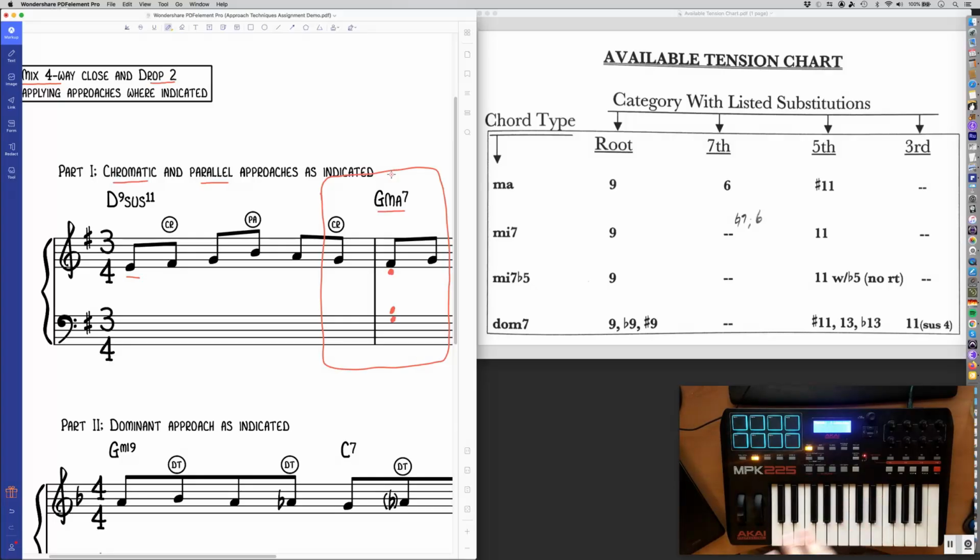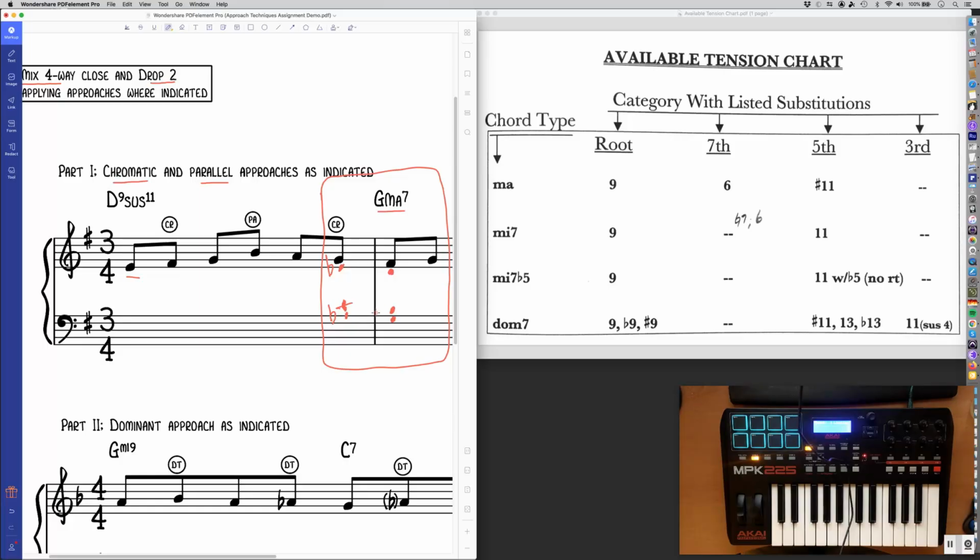So if I'm going to approach this from a chromatic step above, well, it'd be pretty natural to assume that I'd be approaching from an A flat major 7 chord, right? So all of these chord tones in this voicing are going to come down by half step, as you've read about in Gary Lindsay's textbook.